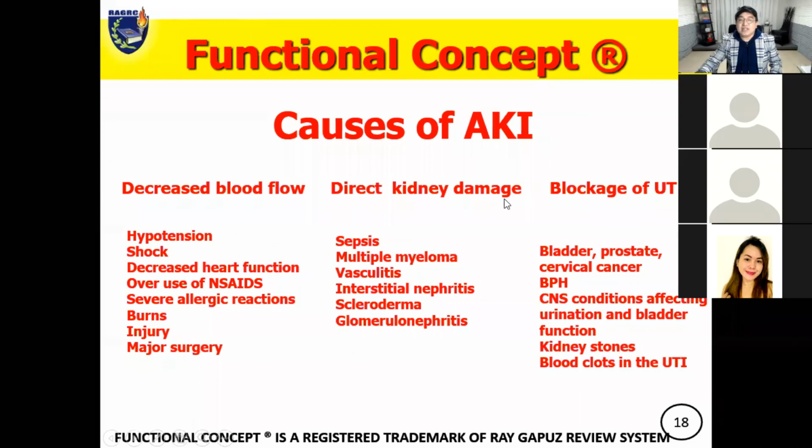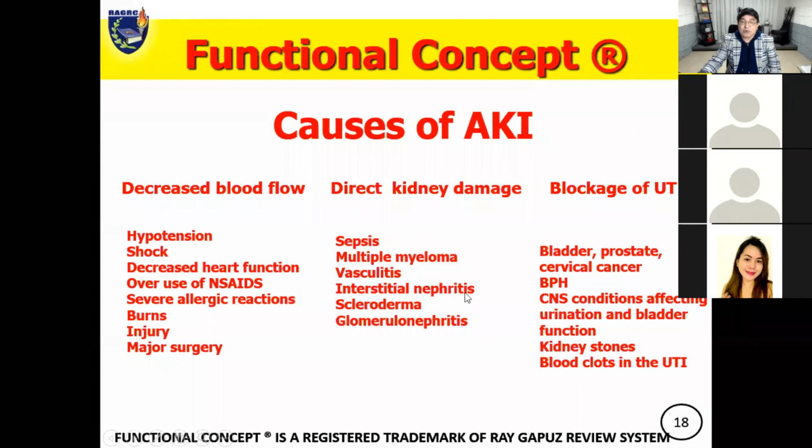Direct kidney damage, like conditions that directly affect the kidneys like sepsis, multiple myeloma, vasculitis, interstitial nephritis. Now, what happens in multiple myeloma? This is actually a form of cancer that may potentially affect the kidneys. Now, what happens in interstitial nephritis?